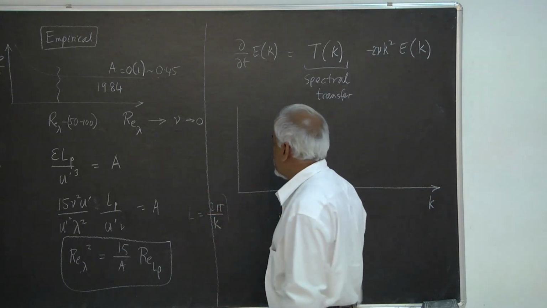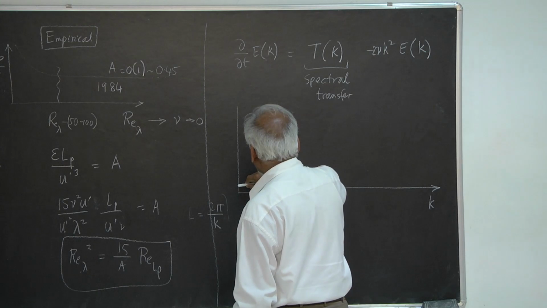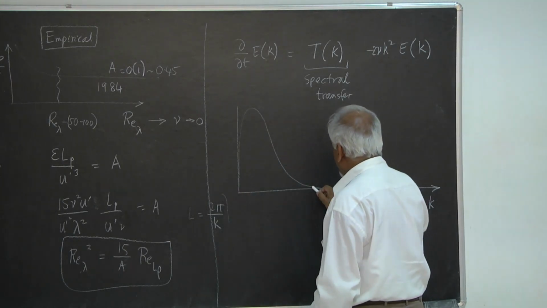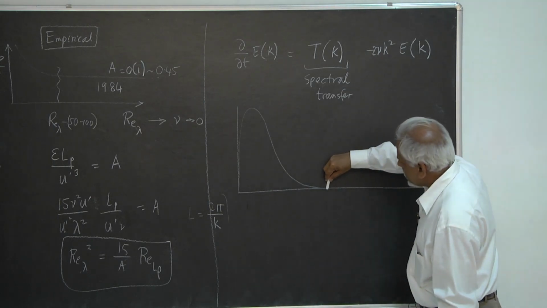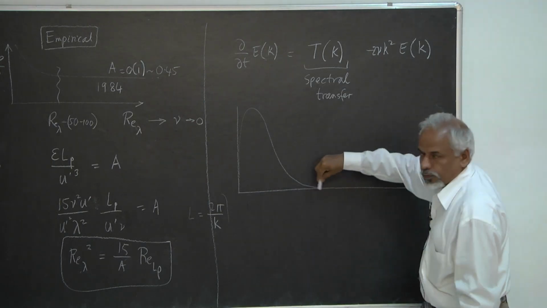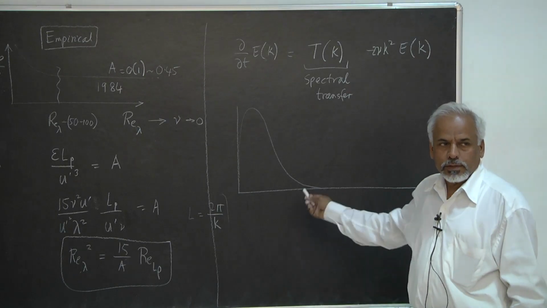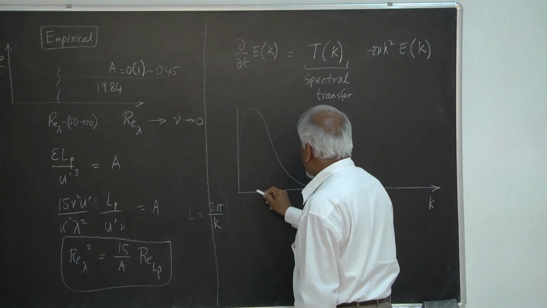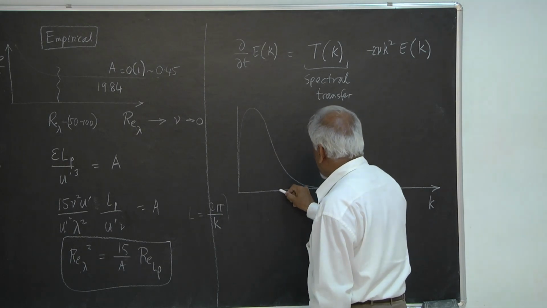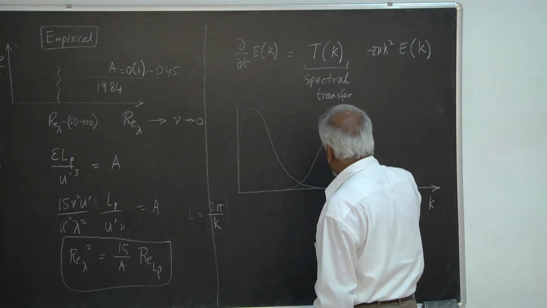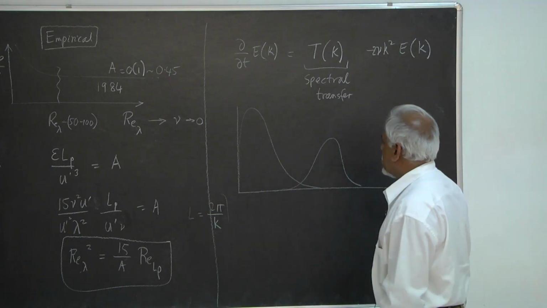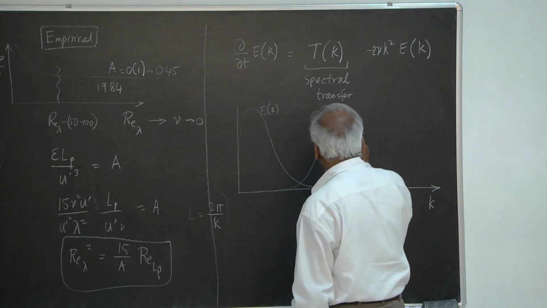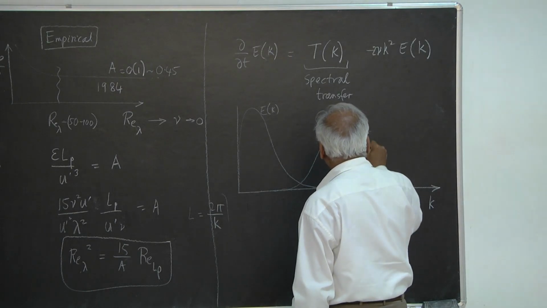Just remember that, okay? So you'll have energy, which may be like that, let's say. There is still some of it here. It's so small that you can't see it. But k squared E of k will be very little here, and so on. So this is E of k, and this is k squared E of k.